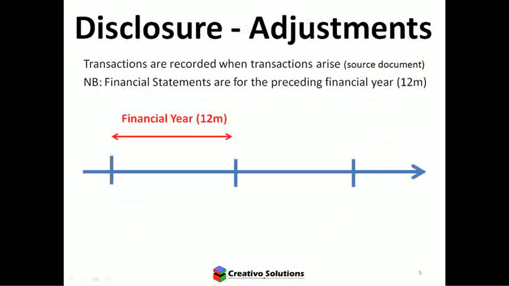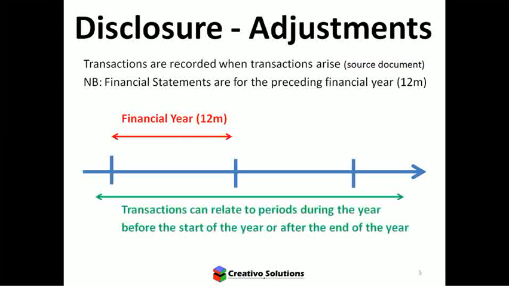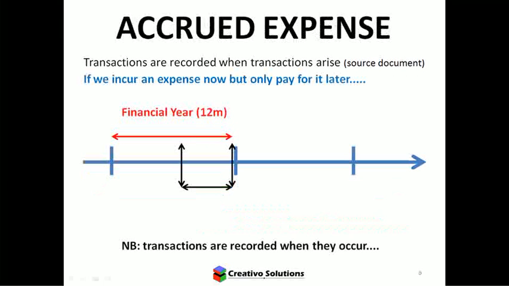So we know transactions are recorded when they arise. So when looking at a financial statement, we're looking at 12 months. When looking at transactions, they can relate to the period, or they can relate to before or after the year end, depending on what we're actually looking at. Today, we're going to be discussing the accrued expense. Transactions need to be recorded when they arise.